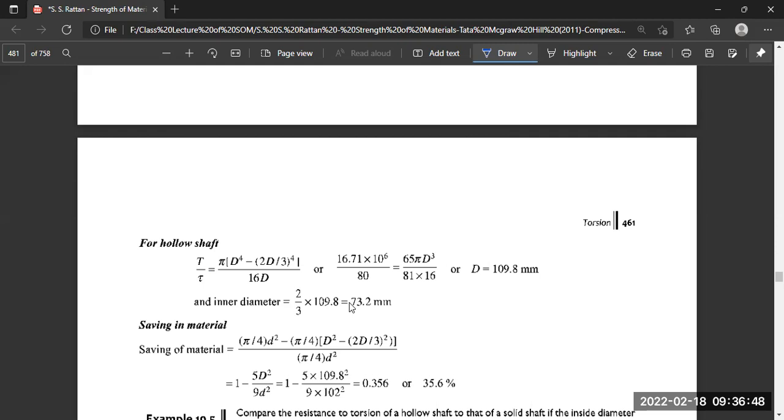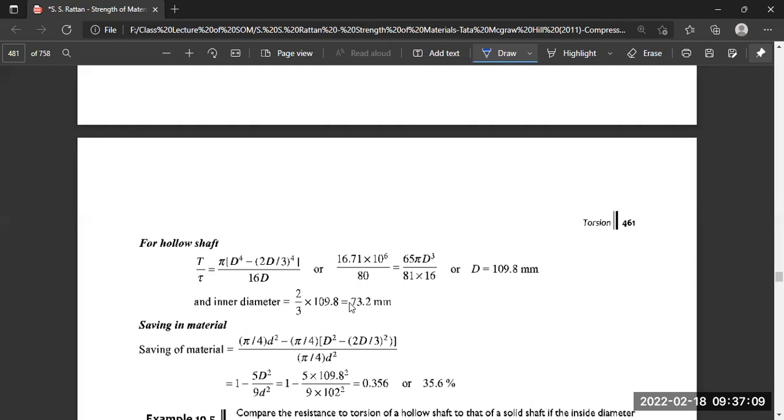This is equal to 65 pi D cubed divided by 81 into 16, or D is equal to 109.8 millimeters. And the inner diameter will be 2/3 of the outer diameter, meaning inner diameter is 73.2 millimeters.